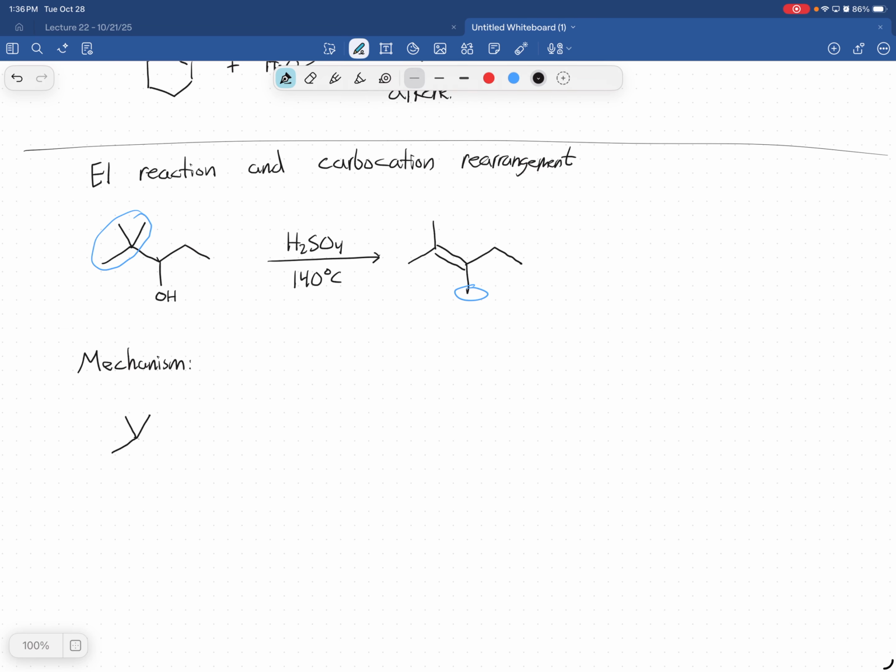Okay. So let's just redraw our alcohol here. Show the lone pairs, and we're going to show the acid being donated. So let's redraw those oxygen atoms here.